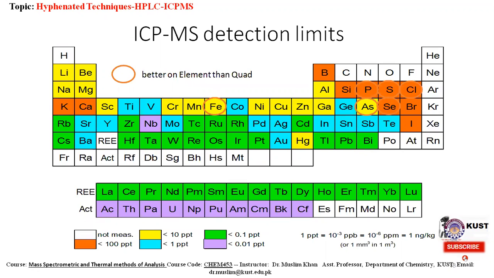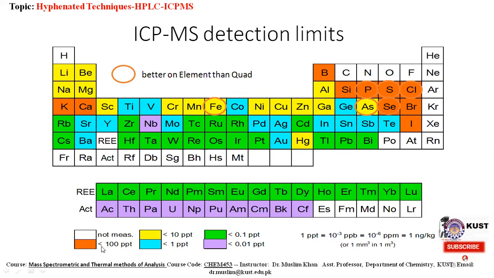So here is the periodic table, showing ICPMS detection limits. The elements shown with no color cannot be measured with the ICPMS.